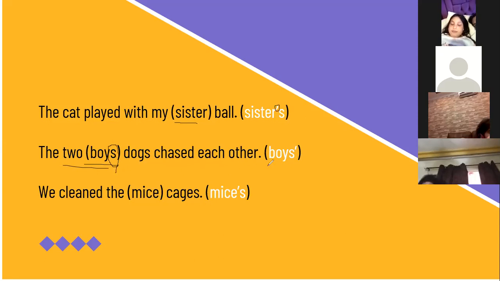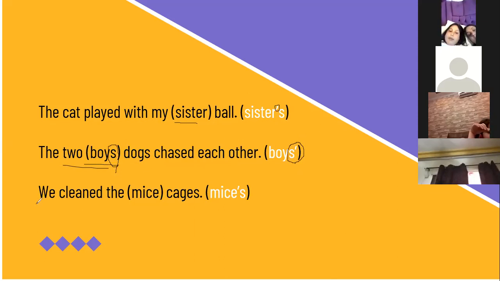So what do we do to change it to a possessive noun? We put an apostrophe after the S. Why after the S, not before the S? Because it's plural. Bravo, because boys, it's plural and it ends with the letter S.